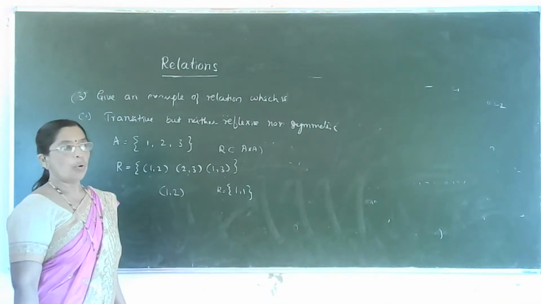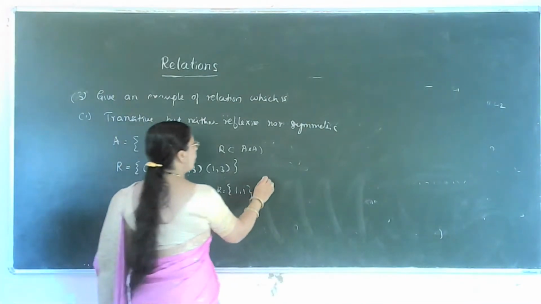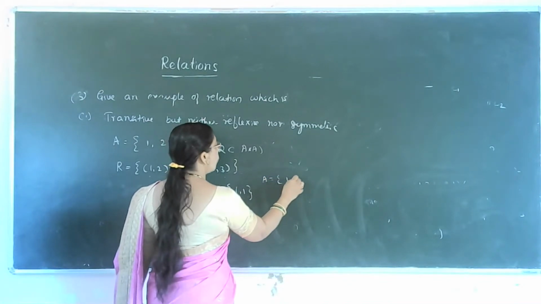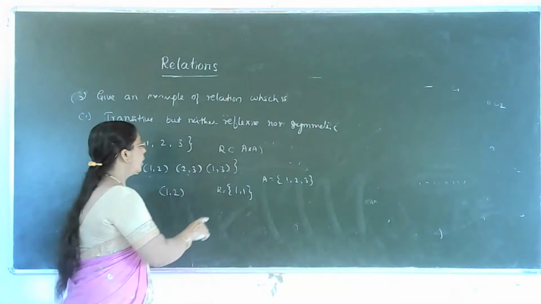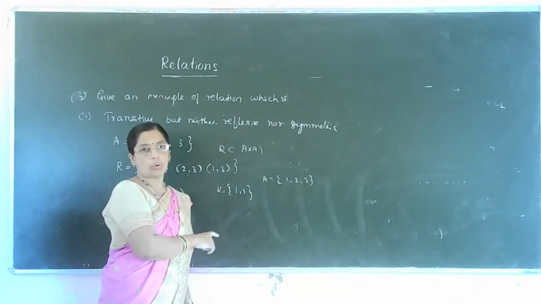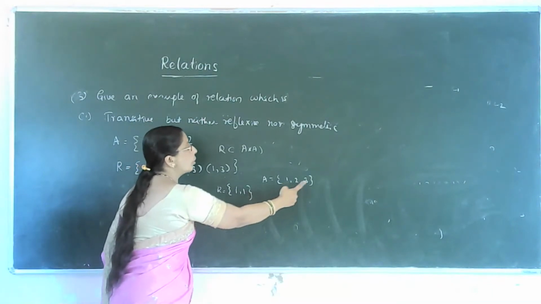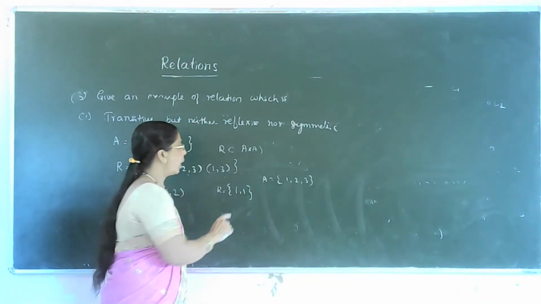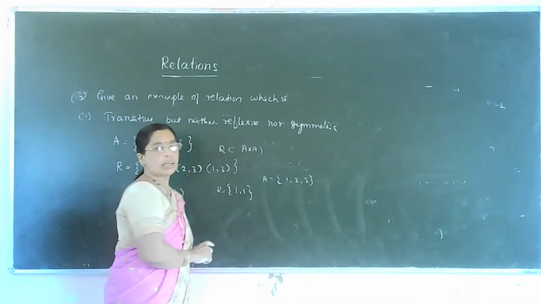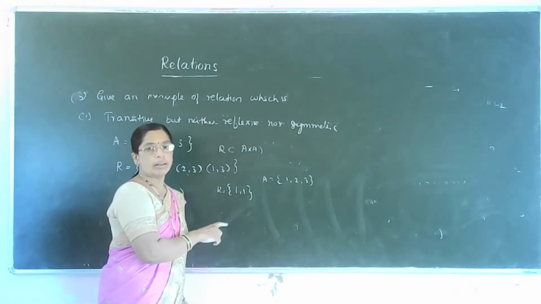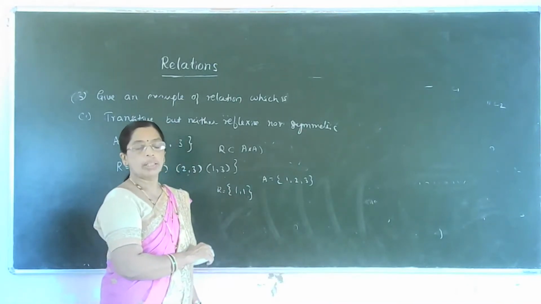If only one element is there, if R = {(1, 1)} and A = {1, 2, 3}, then it's not reflexive because (1, 1) is there, but (2, 2) and (3, 3) are not there. But it is symmetric, because (1, 1) is there and its reverse pair is also (1, 1).